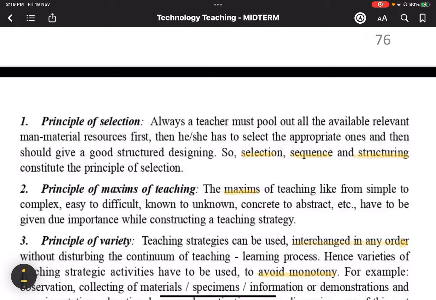O katulad ng concrete to abstract, medyo katulad ng kung ang subject mo ay calculus, yan. Mga maraming abstract symbol doon, no? Physics, yan. Maraming formula. Concrete to abstract. Yung ba ang iyong, sana yung ba yung maxim mo? Okay? You want to explain the abstract by giving the students a concrete explanation. Or you want your student to know the unknown. Yan. That is called the maxim or your guiding principle in teaching.